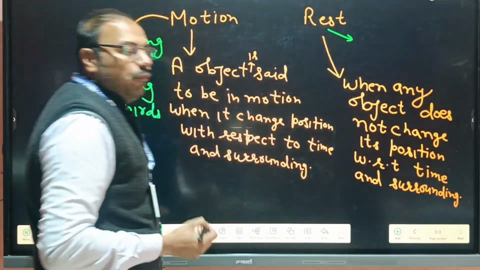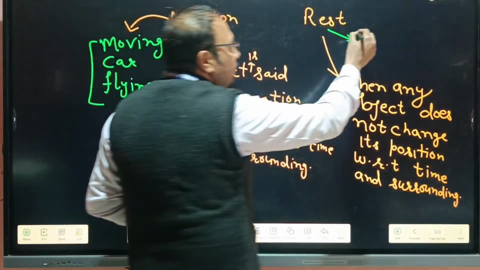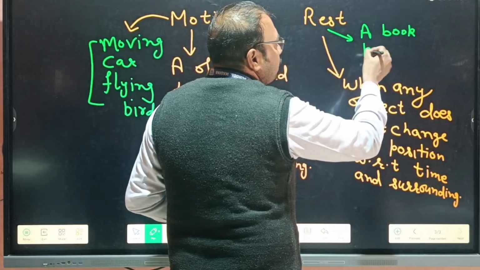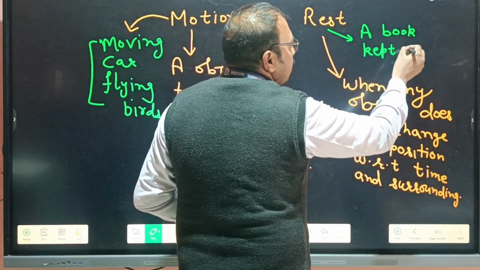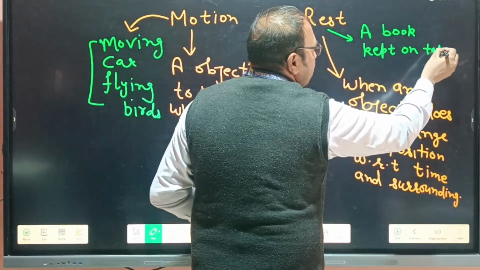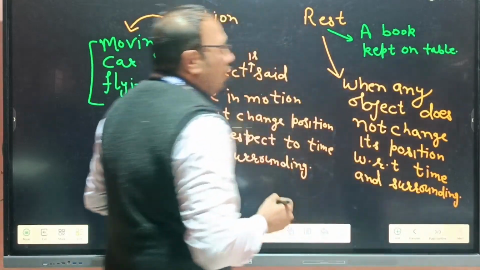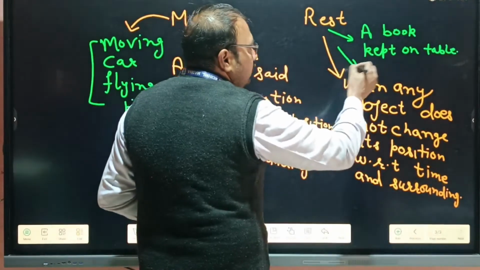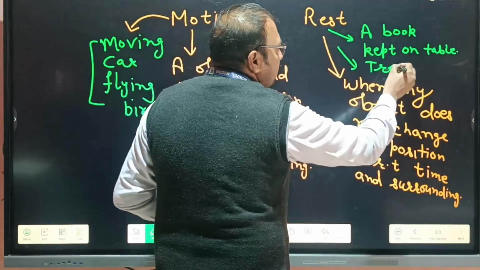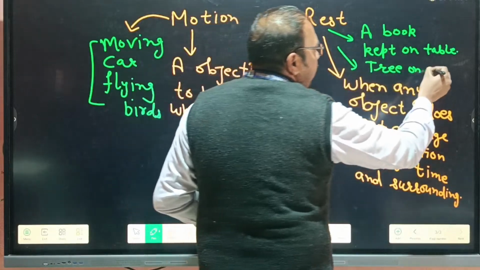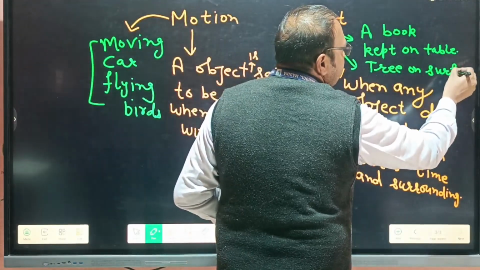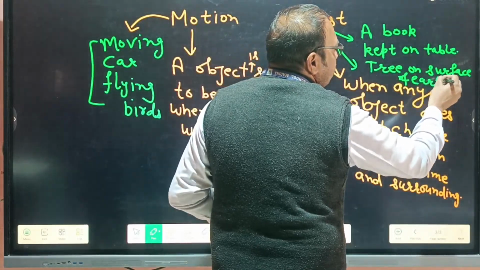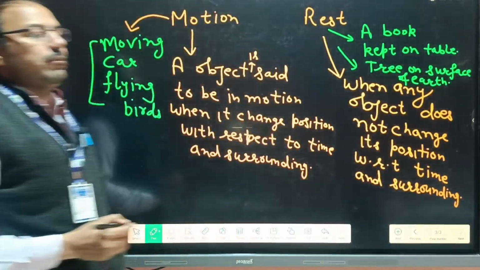For example, a book kept on a table, and a tree on the surface of earth. So these are examples of rest.